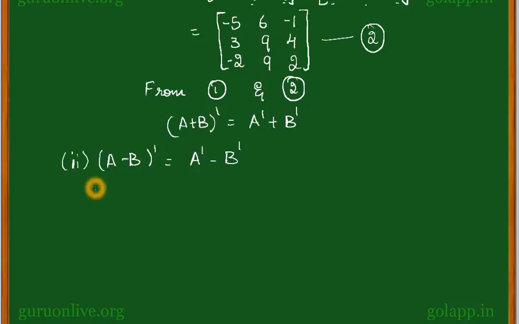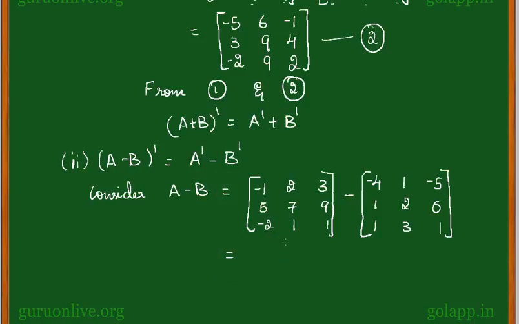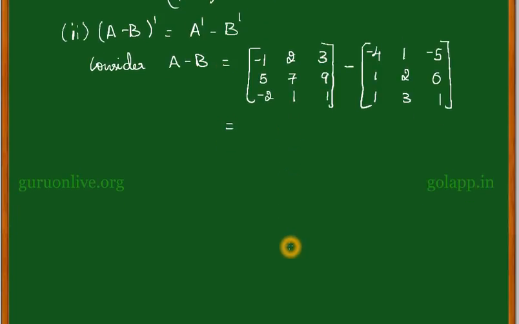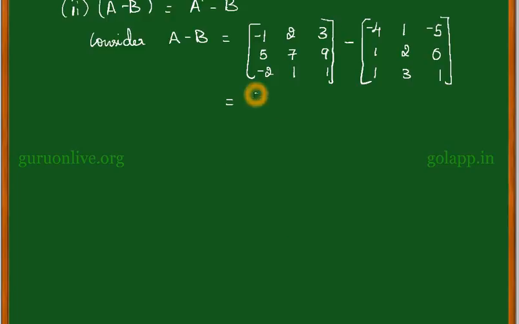So to prove this, first we consider A minus B. So let me subtract these two matrices. So the result is the matrix. So first element we have is minus 1, corresponding element minus 4.